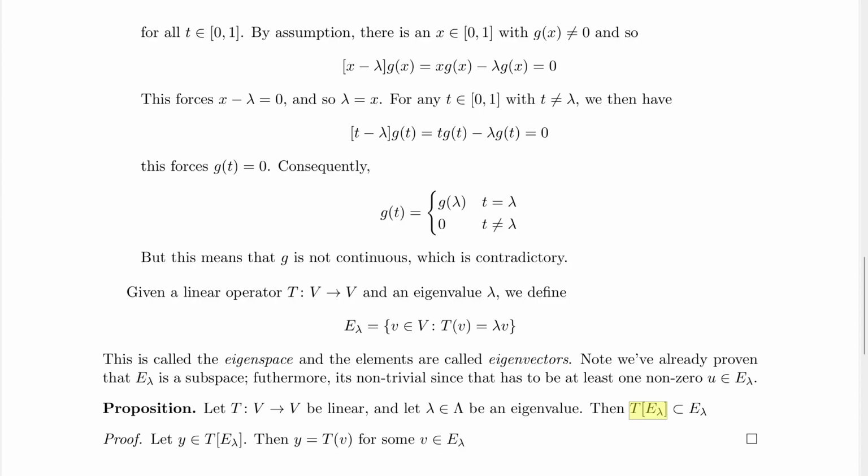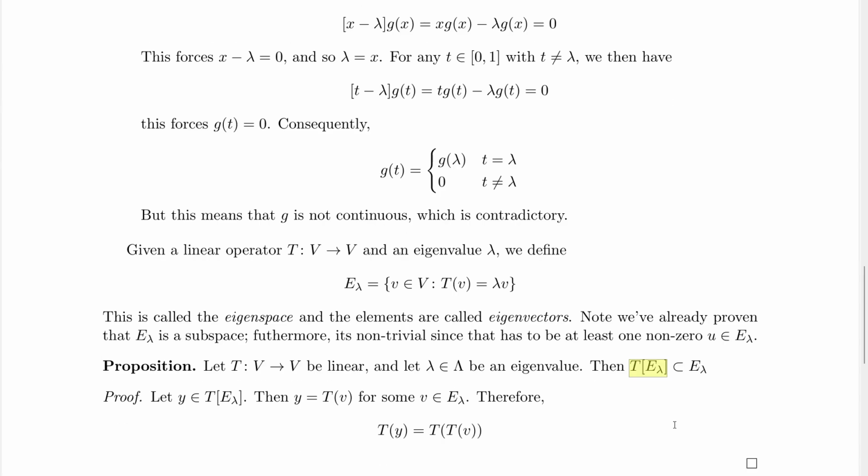So in order for that to be true, I need to see what T of y is doing. And what do I want? Well, I want T of y to be lambda y. All right, well, let's look at what T of y should equal. Well, T of y would be T of T of v. Next, just what is y? It's T of v. But we know v lives in the eigenspace, which means that T of v is actually lambda v.